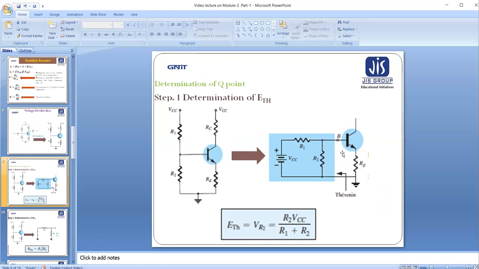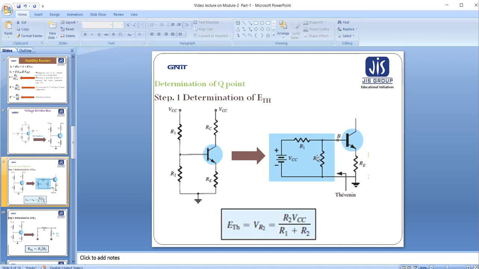As the base to emitter is connected in parallel to the R2 resistance, the voltage appearing across this R2 resistance definitely provides a forward bias voltage, and it will inspire the VBE to forward bias the base emitter junction.